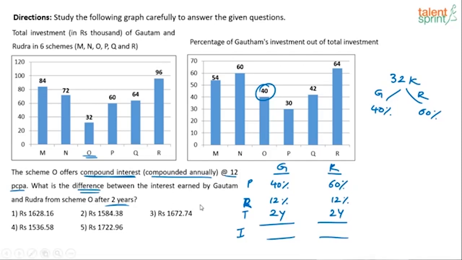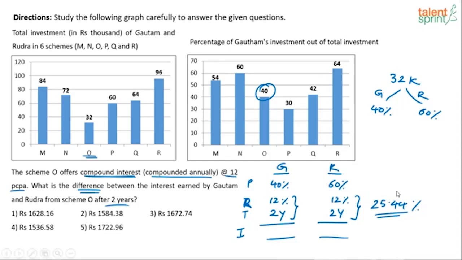Now you know that in 2 years a scheme offering 12% per annum will give how much? The same calculation, A plus B plus AB by 100. So 12 plus 12 plus 12 into 12 by 100. It will give you 25.44%. We have done this calculation a million times, so I'm not explaining how to get this.